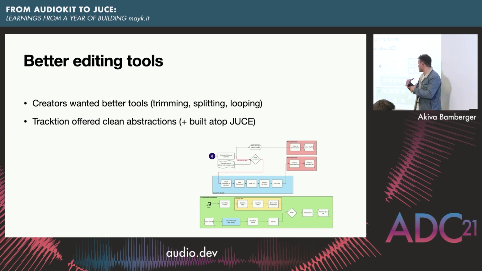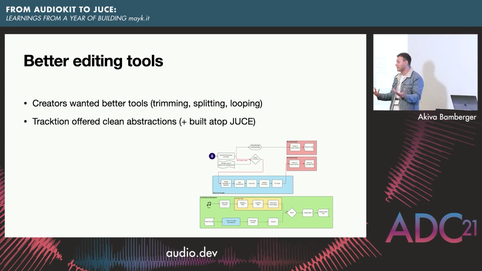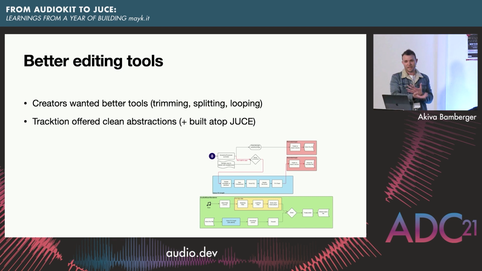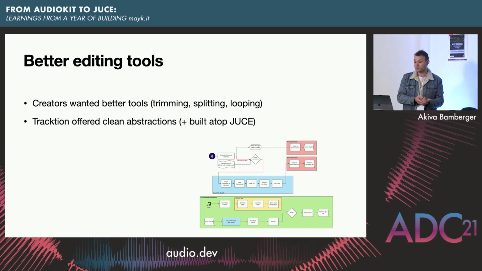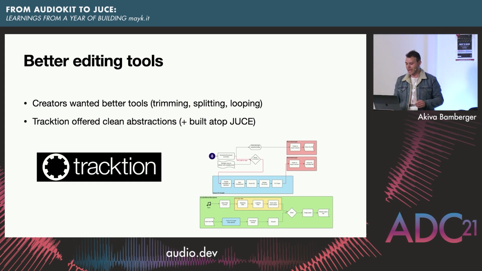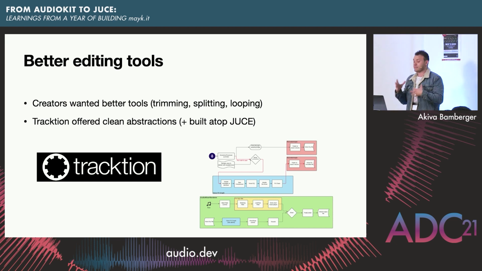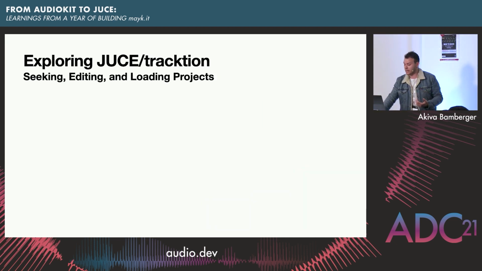So we have a large chain that we're building, and it's all organically growing in AudioKit, and it becomes very difficult to actually discuss what a project file should be when you're organically growing your audio graph, and every time you have a project file, it has to be updated given the fact that your graph might change. So we started taking a serious look at Tracktion. Kieran, what's up? And because of that, we actually were able to get a lot of excitement around building these really high-quality editing tools.